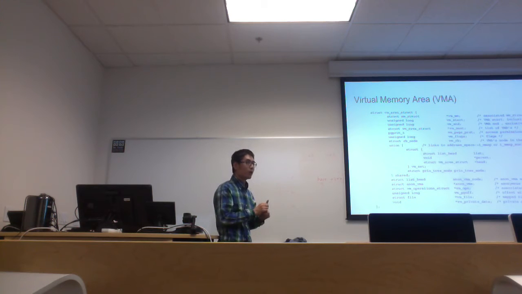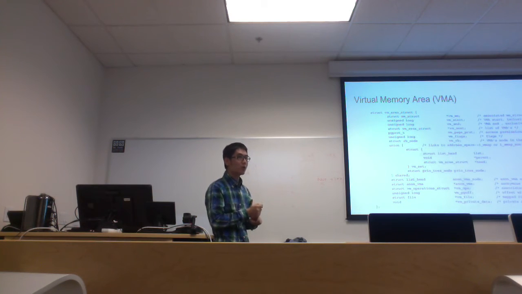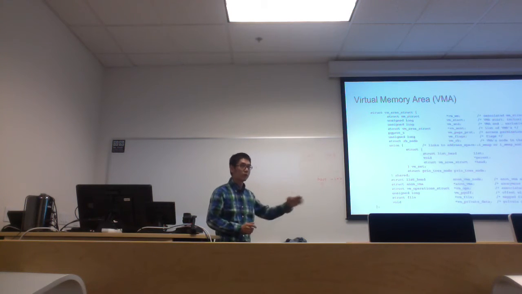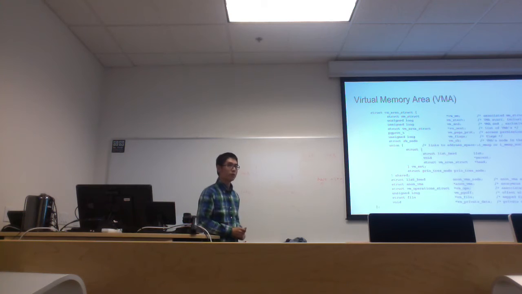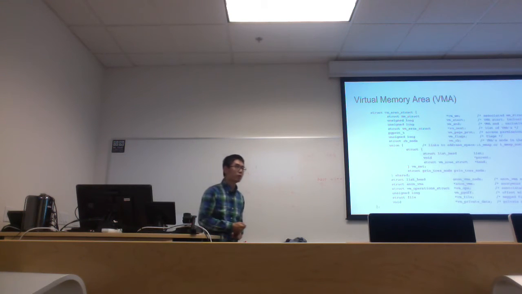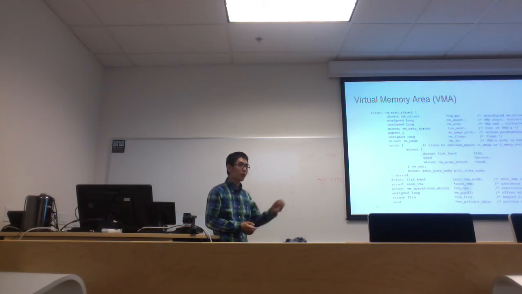So the operating system kernel can change these bits, and the hardware will interpret them. For example, if this bit is 1, it allows the hardware to write into this page. If it's 0, then you trigger a protection exception, usually like an interrupt.